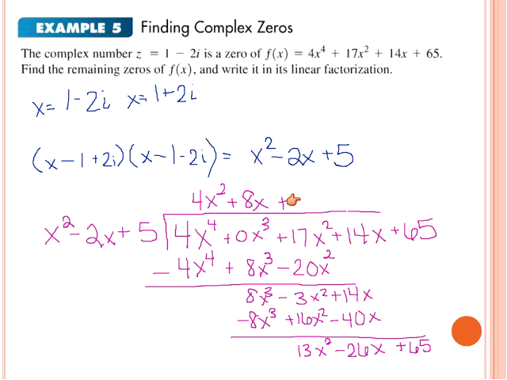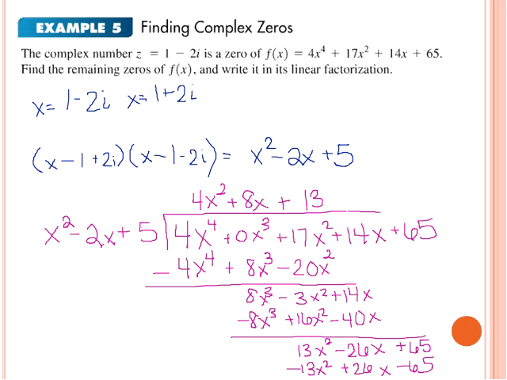A 13 is going to round us out here, hopefully. Take the opposites of those all, and we get 0 for our remainder.